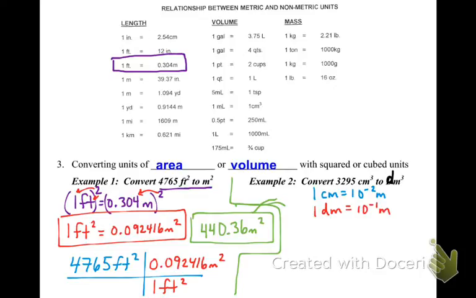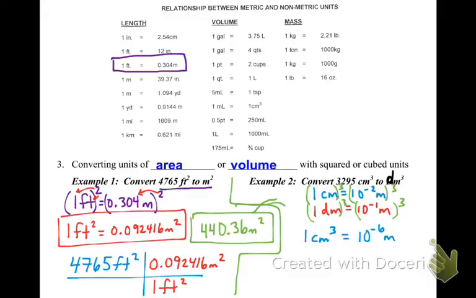Much like we did for our unit of area, we're going to cube both sides, I should say, because we're now in volume. So cubing all sides of the equation. So our centimeters become 1 cubic centimeter is equal to 10 to the negative 2 raised to the power of 3, which actually gives us 10 to the negative 6 meters cubed.